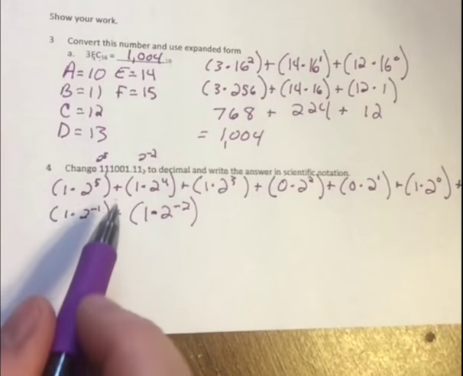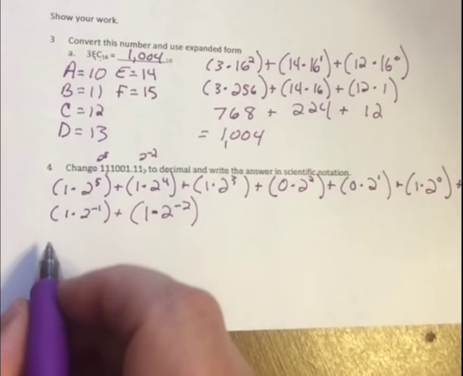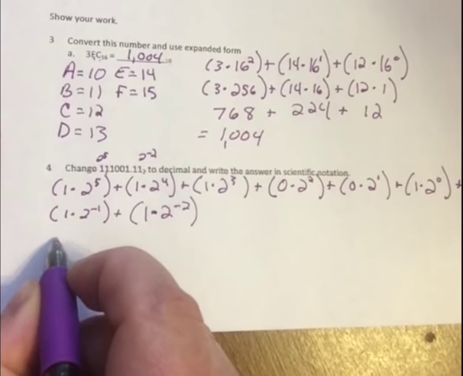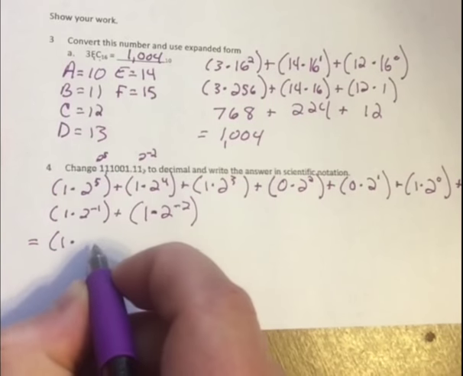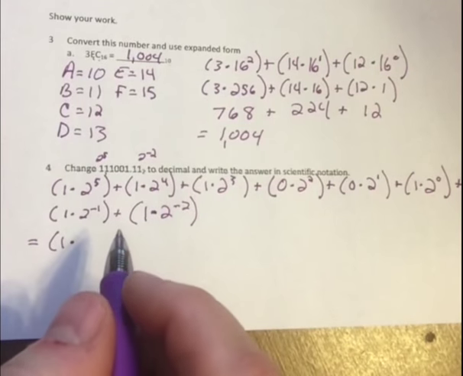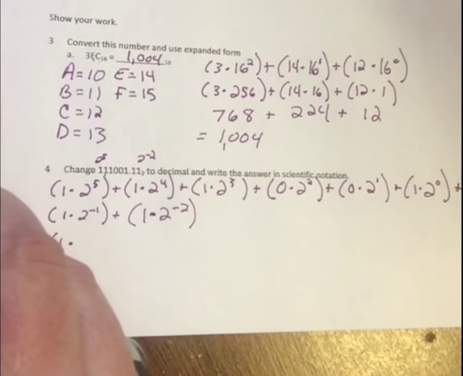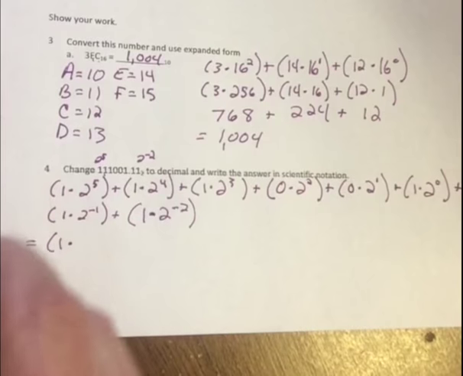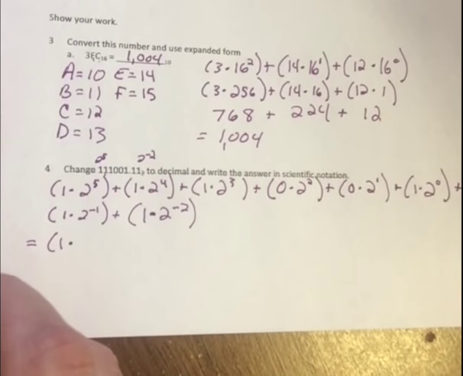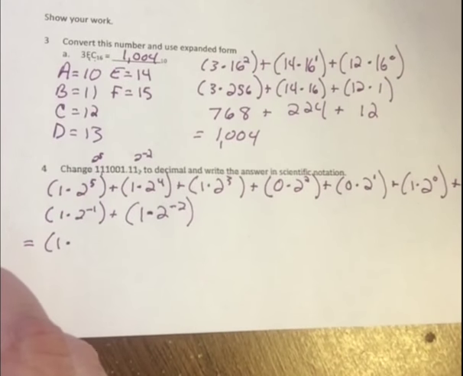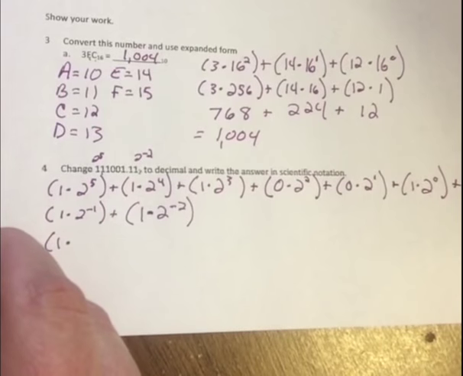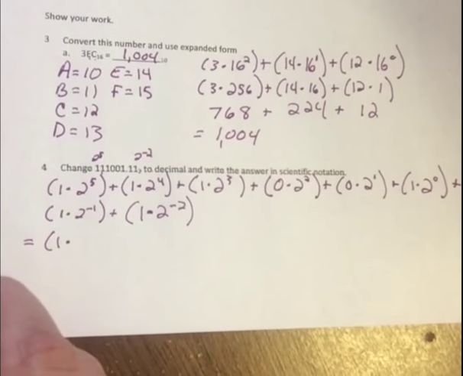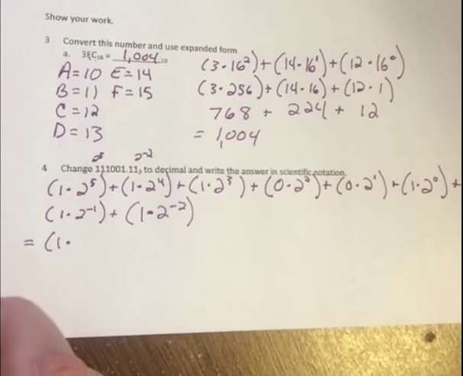So let's expand out these exponents again. 2 to the 0, 2 to the 1, squared, 2 to the 3rd, 4th, and 2 to the 5th. So that's 1, 2, 4, 8, 16, 32.